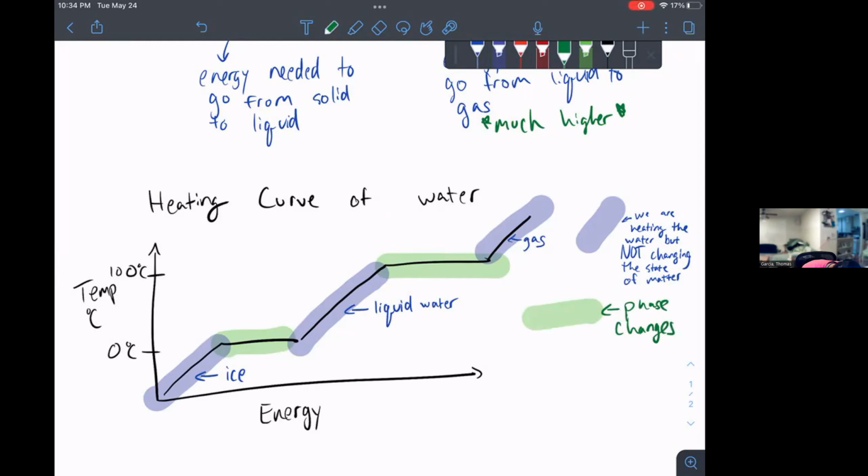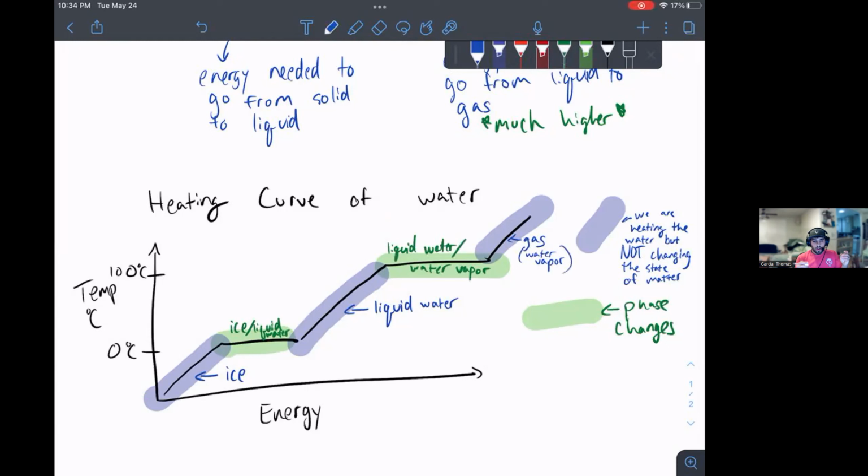So right here, we'll have ice and liquid water. And up here, we'll have liquid water and what we actually refer to as water vapor. I'll go ahead and write that over here, gas, water vapor.